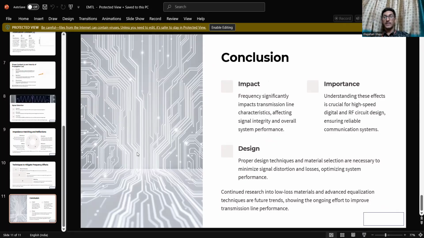Proper design techniques and material selection are necessary to minimize signal distortion and losses, optimizing system performance. Continued research into low-loss materials and advanced equalization techniques are future trends, showing the ongoing effort to improve transmission line performance. So that's it.